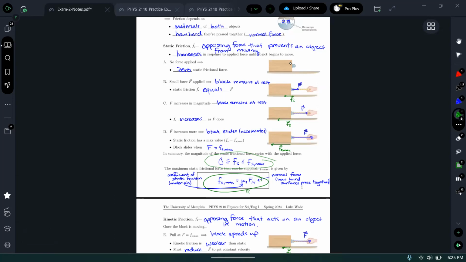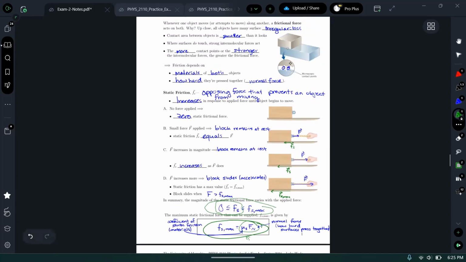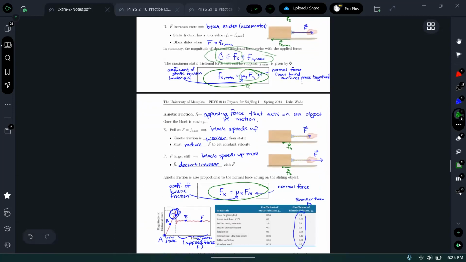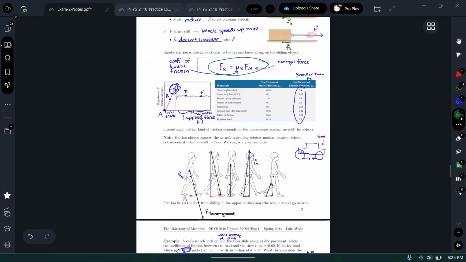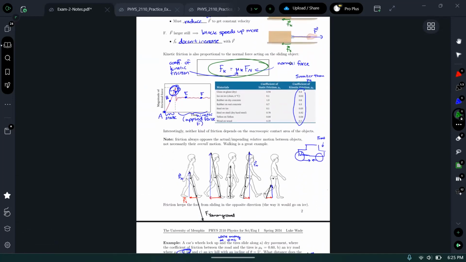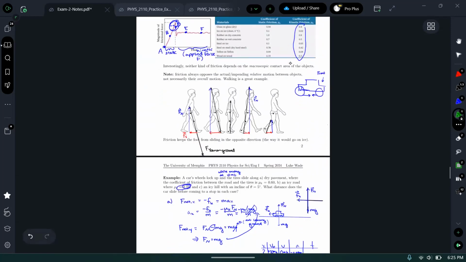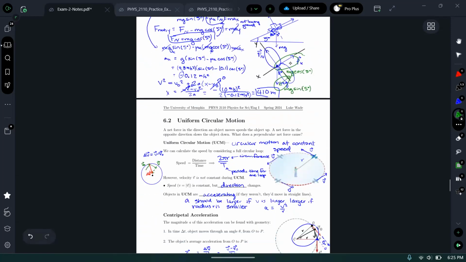So if it's anything below that, and the homework has had stuff like this, the friction is just what it needs to be to oppose the applied force. It doesn't actually have to equal coefficient of friction times normal force. That's only true at the limit of static friction. Other catches for friction, not really. That's the main one. And then conceptually, kinetic friction is weaker than static is a main idea for that.